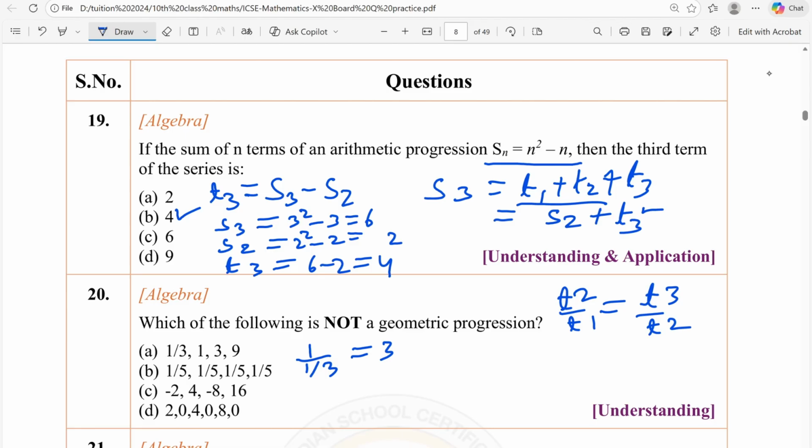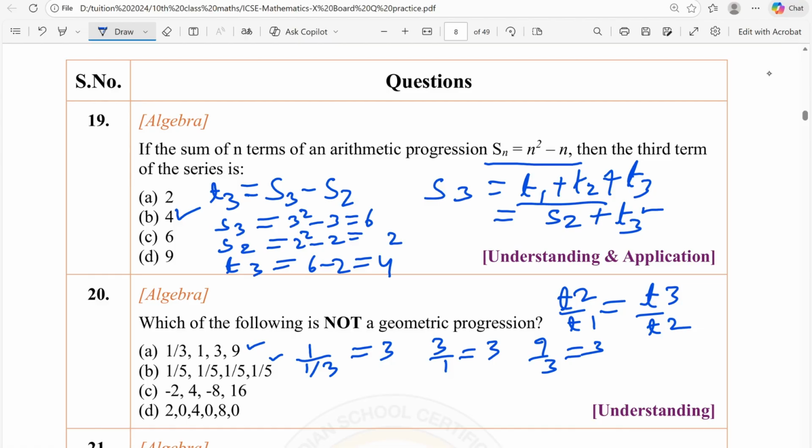Then 3 divided by 1 equals 3. 9 divided by 3 equals 3. So this is a geometric progression. Now 1 by 5 by 1 by 5 is 1. The ratio is also 1, so this is a geometric progression.